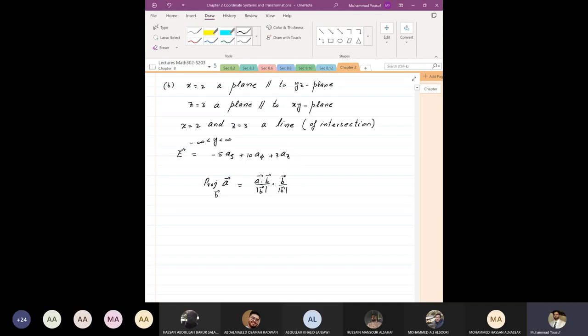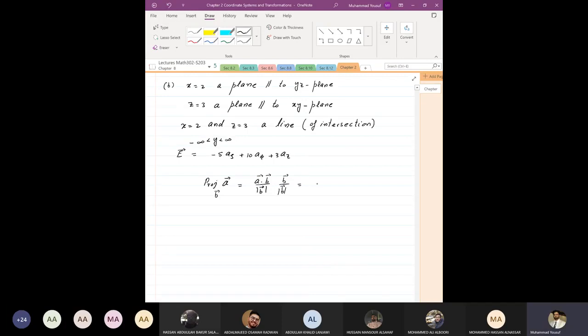And if we do not have this last quantity, then what you are seeing here is called a scalar projection. We convert it into a vector projection by multiplying with this unit vector.